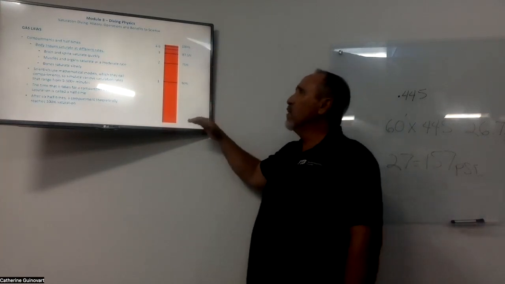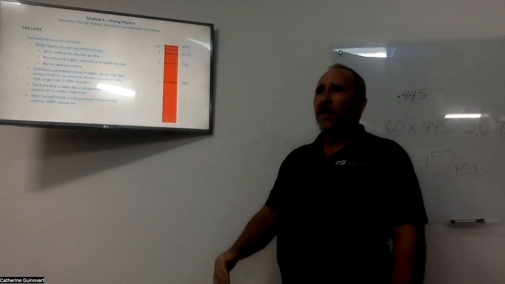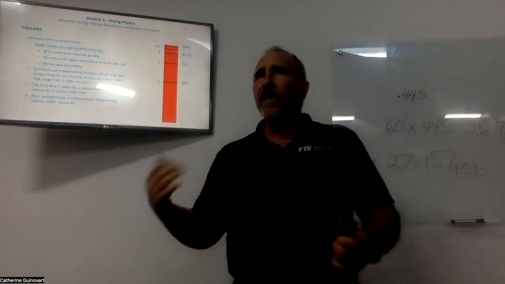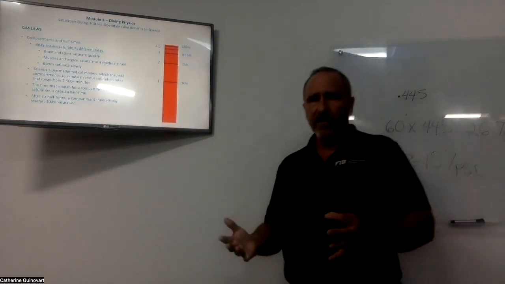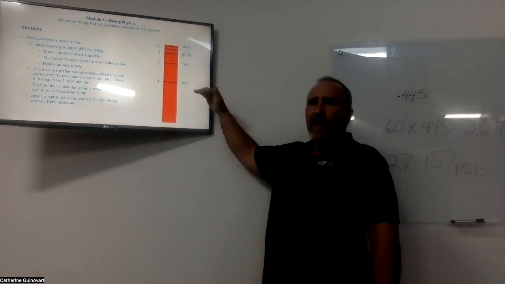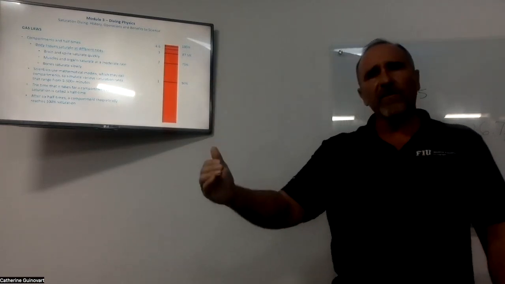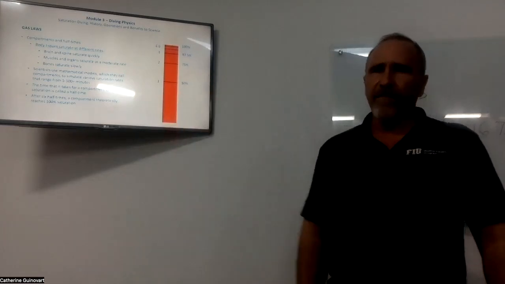Basically what it says is that if it's a 10-minute tissue, in 10 minutes, it's going to be 50% saturated. And then every 10 minutes after that, it's going to be 50% saturated of what's left.